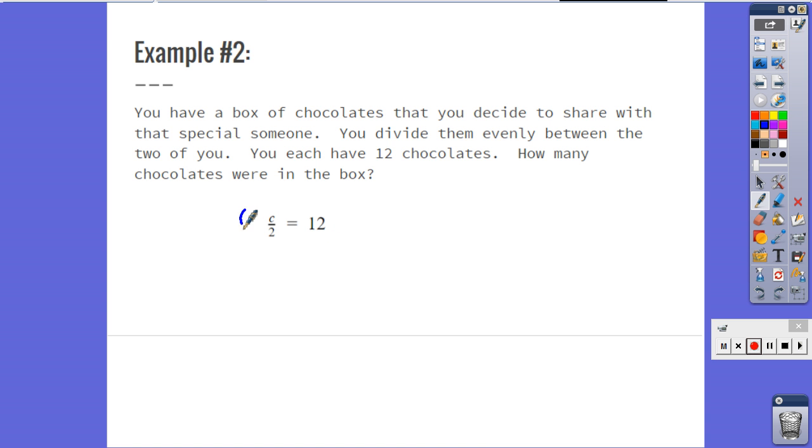So again, I'm going to multiply both sides to keep everything balanced, and I chose to multiply by 2 because that's what I was dividing by, and so I know that these things will cancel to become a 1, and it leaves me with c, and c is going to equal 12 times 2, which is 24, and in this case we've got chocolates.